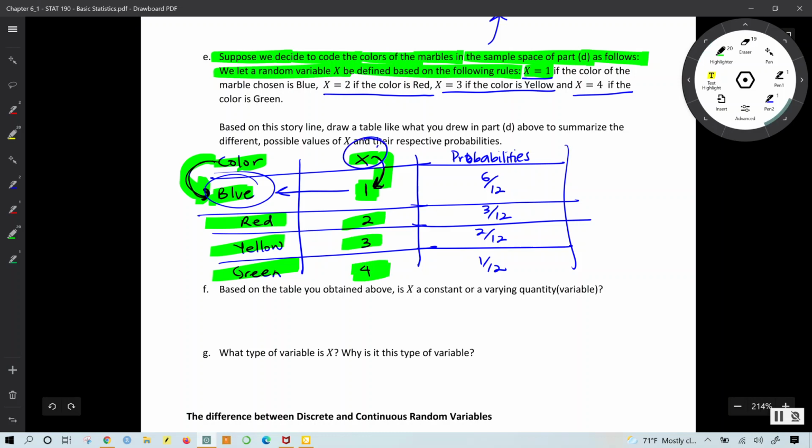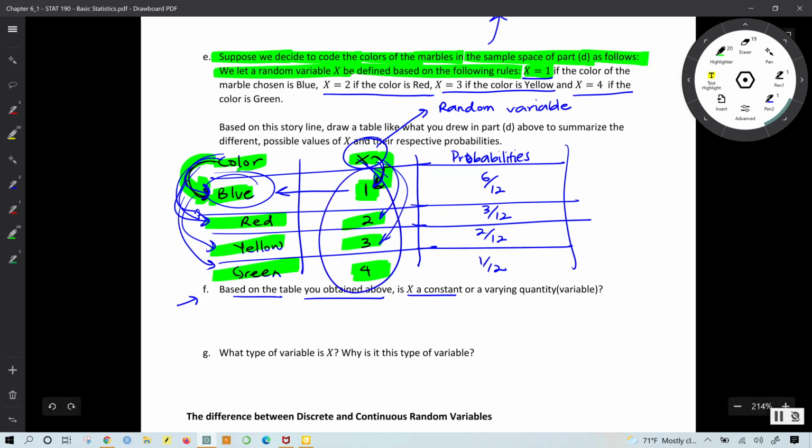This x is an example of a random variable. It is a random variable because the value it assumes depends on a random event or a random trial of an experiment of picking a marble by chance from an opaque bag. Now, in question F, based on the table you obtained above, is x a constant? Like, is it just a single number?